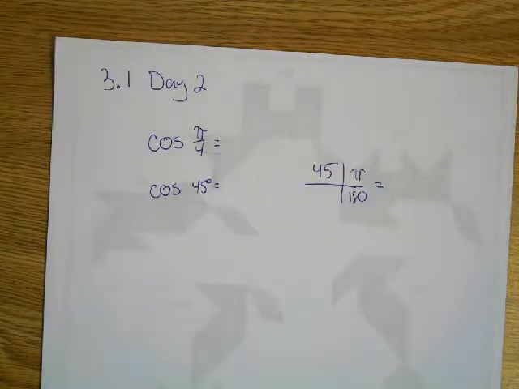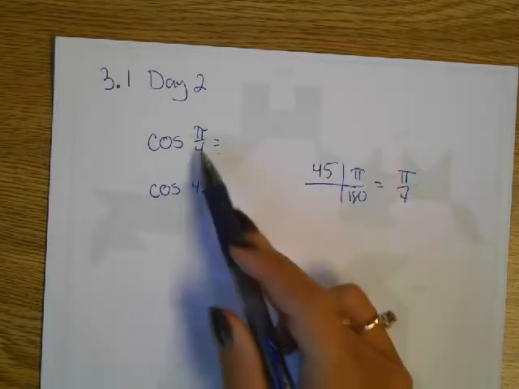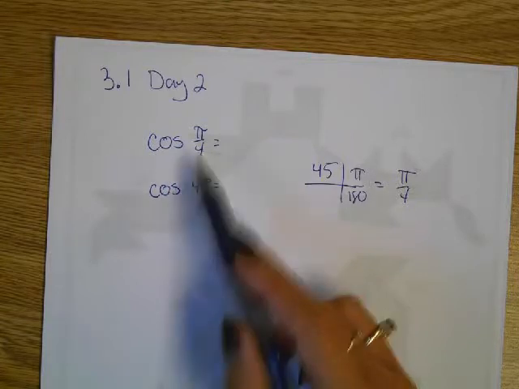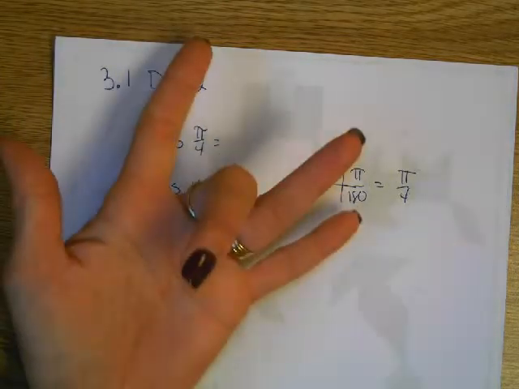How many times does 45 go into 180? Oh, look at that, 4 times. Those are the exact same question. The cosine of pi over 4 is the cosine of 45. By the left hand, which is what we're going to go back to today.